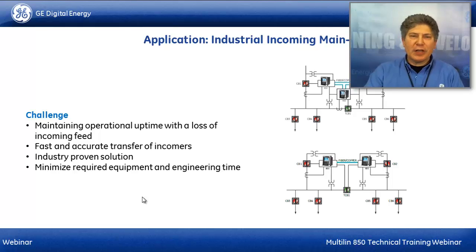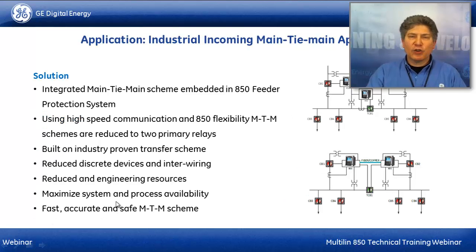From an industrial incoming main time main type application, we're looking at challenges such as dealing with uptime with the loss of incoming feeders. We want fast and accurate transfer of incomers. We want to minimize the required equipment and engineering time. So we answered the challenge by integrating a main scheme into the protection system. Once again, the high-speed communications is coming in handy.